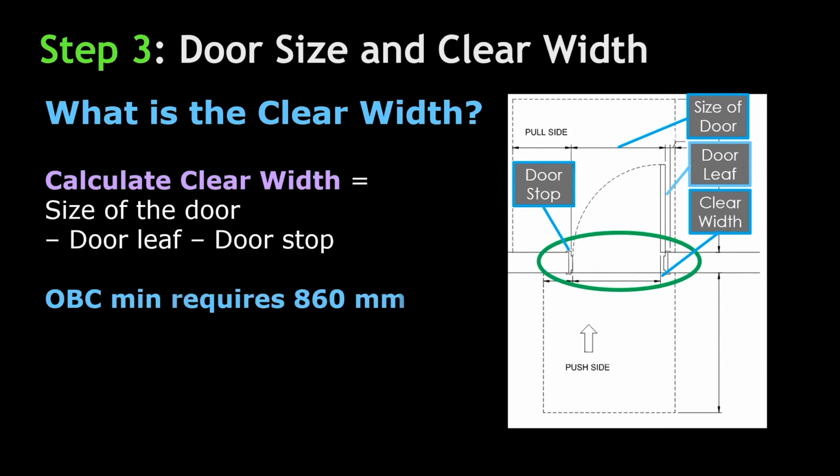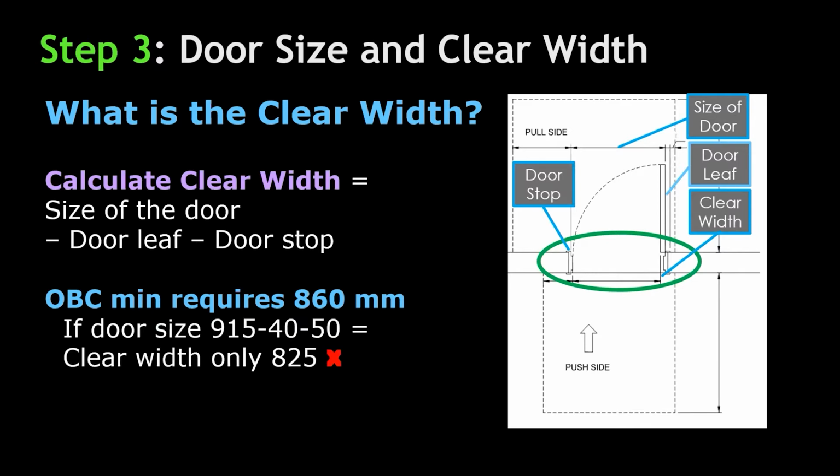The Ontario Building Code requires a clear width of 860 millimeters. How do we achieve that? Well, the standard door size that we see in most projects is 915. 915 door size minus the 40 for the door leaf minus the 50 for the door stop equals 825. Uh-oh. The typical 915 door that we've all been using in projects is too small and doesn't meet code requirements.